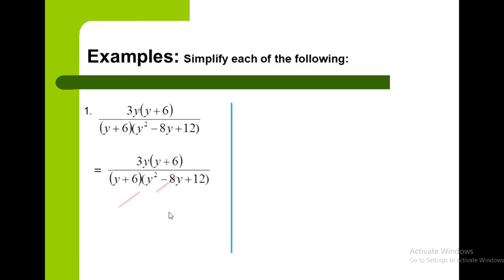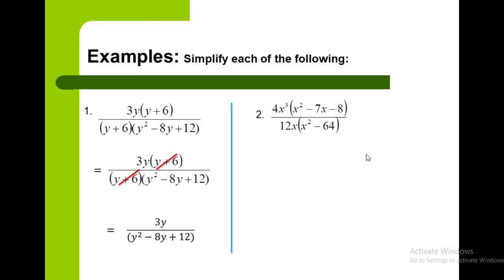Then we can simplify the bracket of the numerator y plus 6 with the bracket in the denominator y plus 6. The expression will be 3y over y squared minus 8y plus 12.